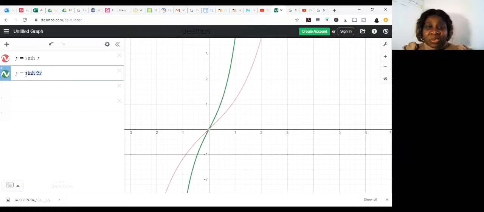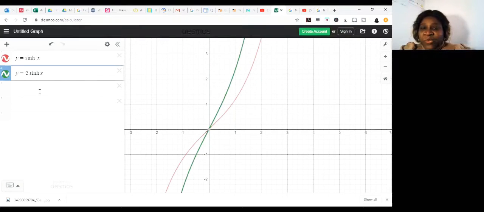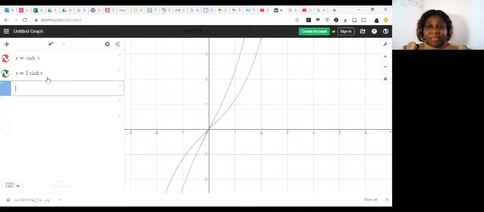How about 2 sinh x? Do you spot anything? y is equal to 2 sinh x. Did it make any difference?